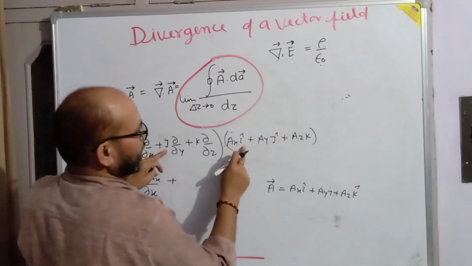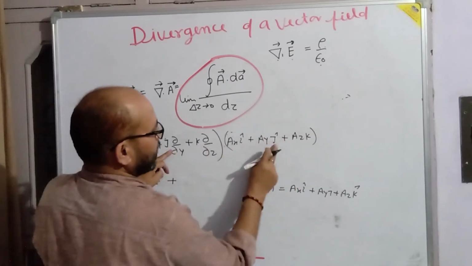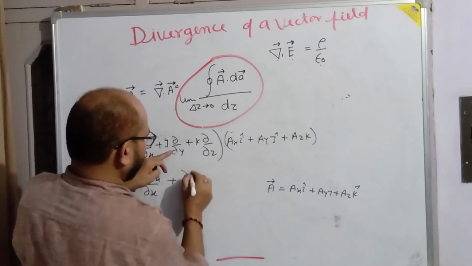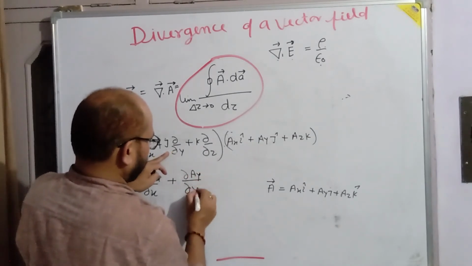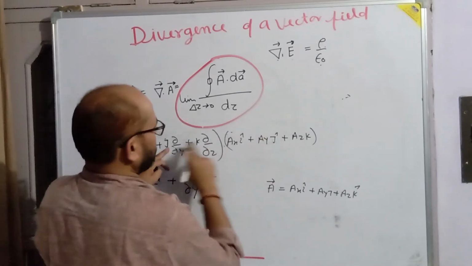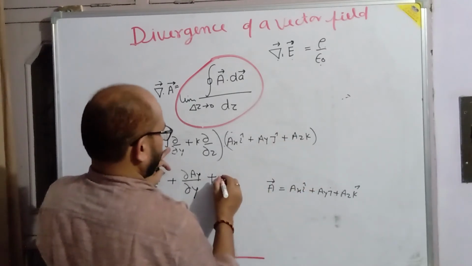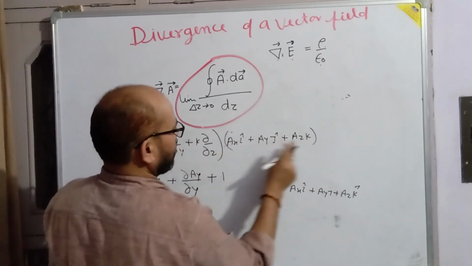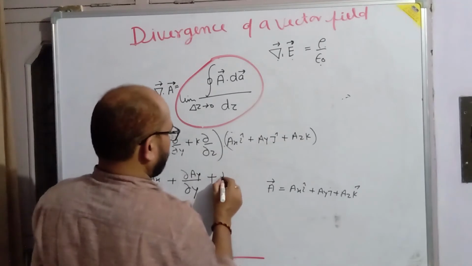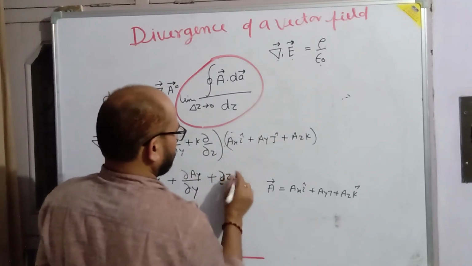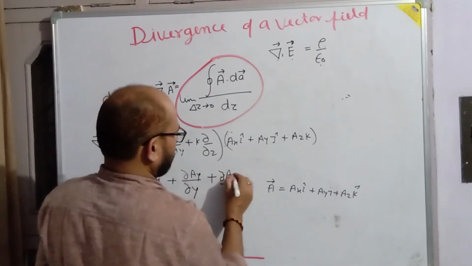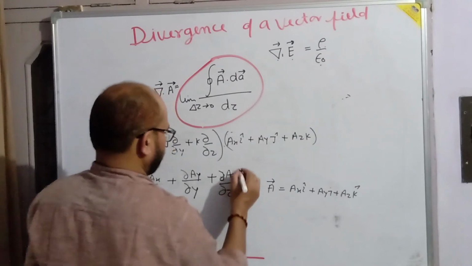It means del ax upon del x. Then j dot i equal to 0, j dot j equal to 1, so del ay upon del y, plus j dot k equal to 0, plus k dot k equal to 1, so del az upon del z.